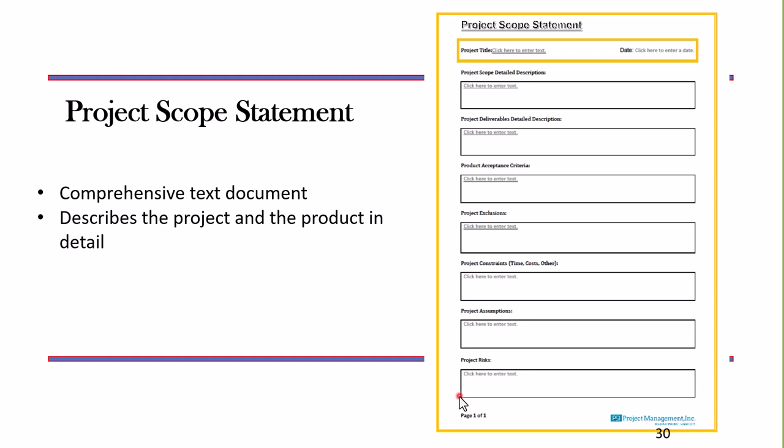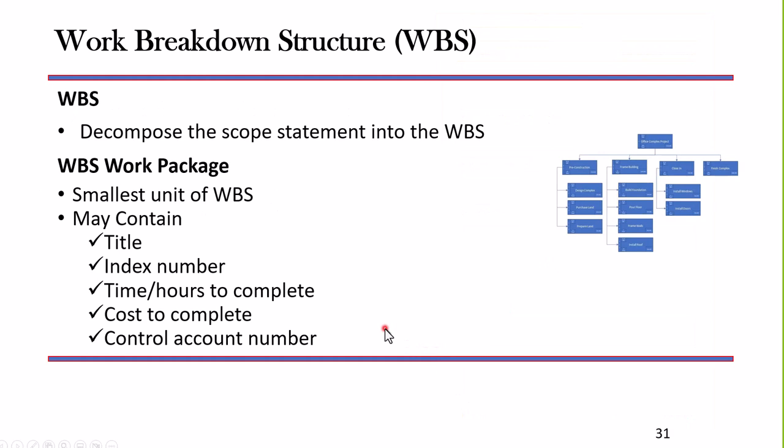So now we take this project scope statement and we create what's known as the scope baseline. Here we're talking about the WBS, the work breakdown structure. We do decompose that scope statement along the team and the project manager into the WBS.